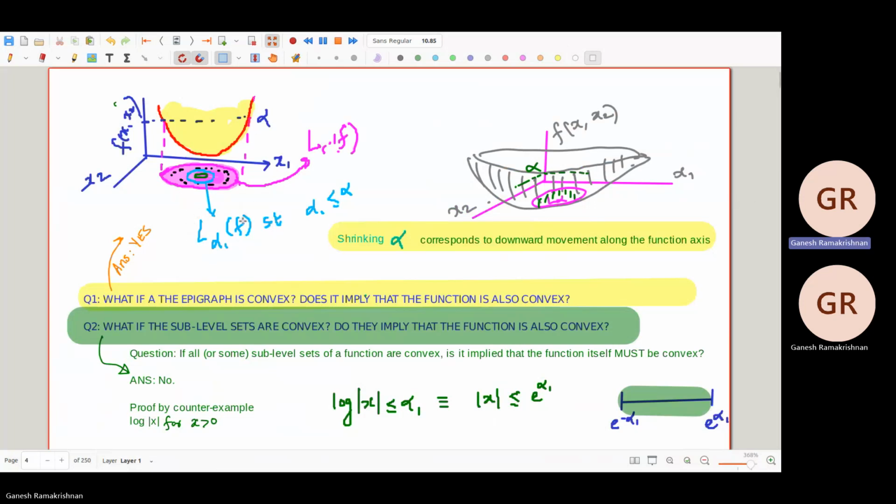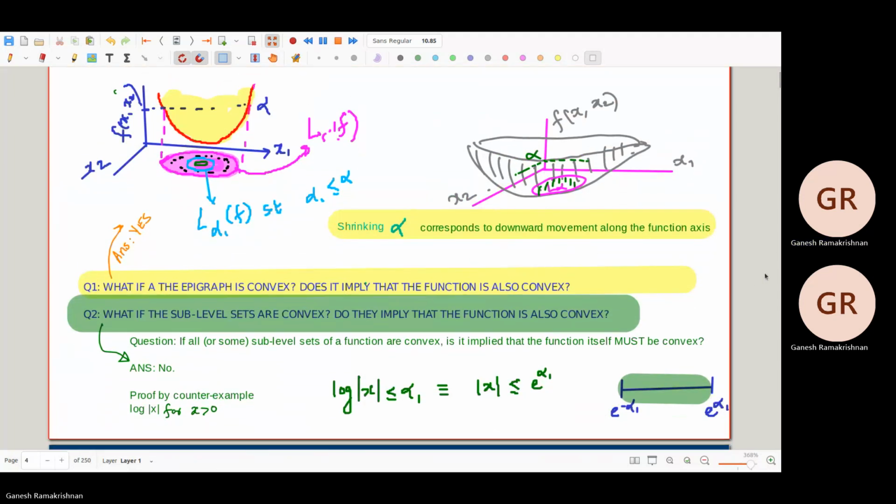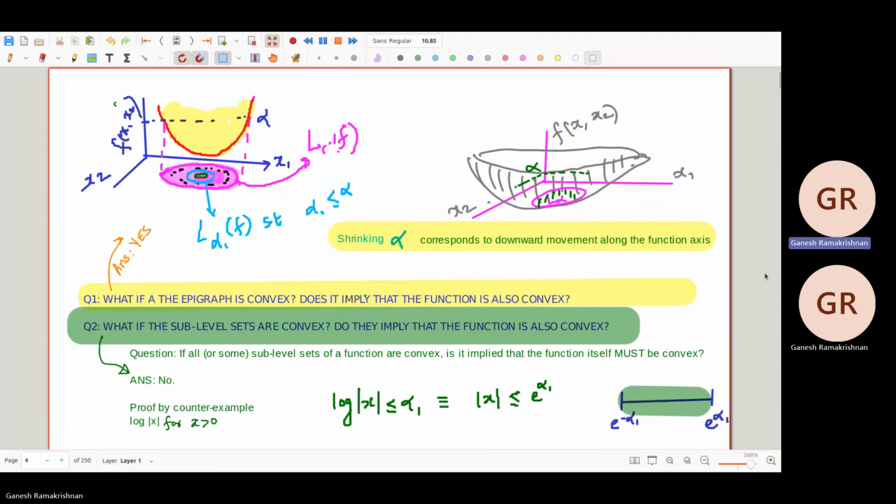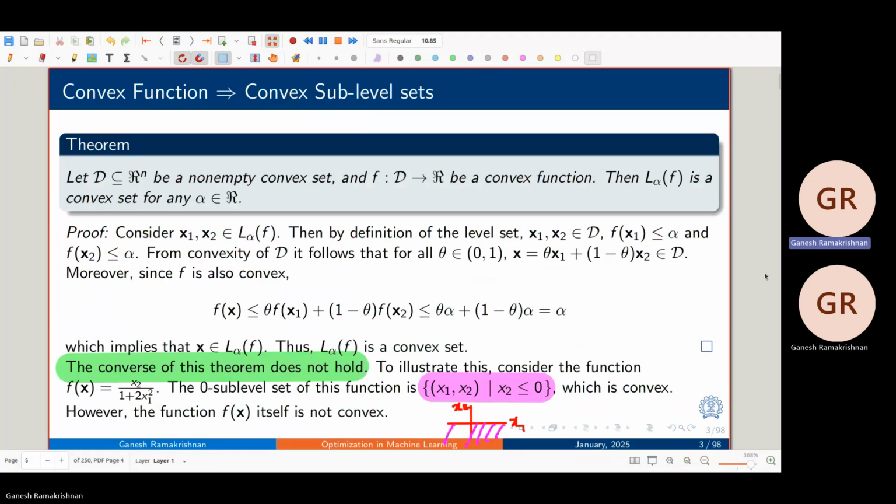Functions which have this property, all these L alphas are convex. So this is just what I stated on the board. The converse of this theorem doesn't hold. Convexity of sublevel sets doesn't imply function convexity.